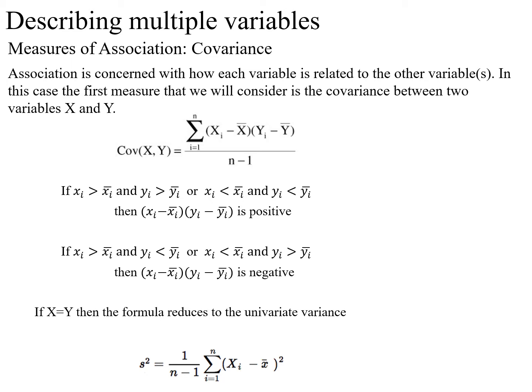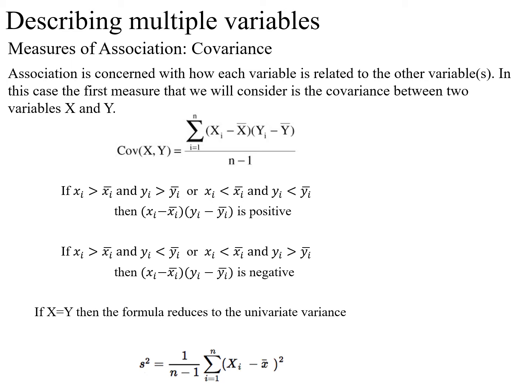The product of the residual of the x observation and the mean x, and the y observation and the mean y. Okay, so sum that all up for all observations i from 1 to n, and divide by n minus 1.